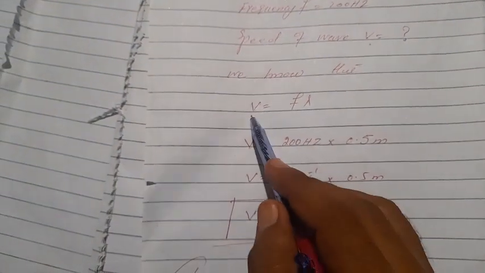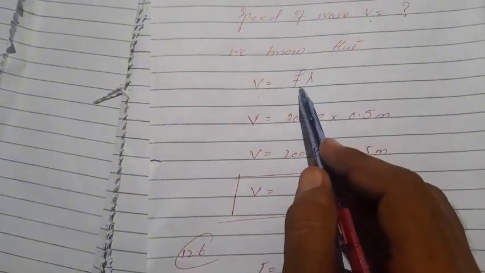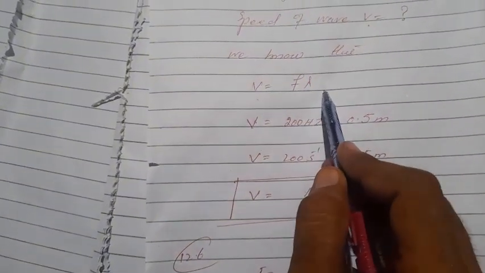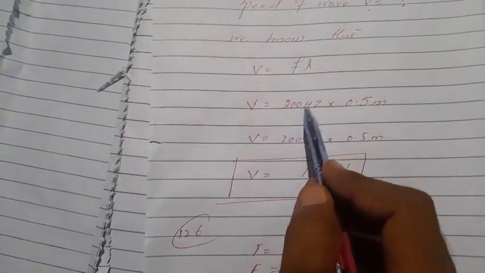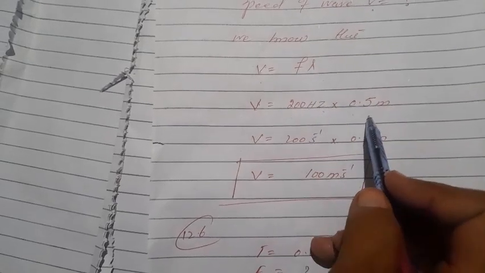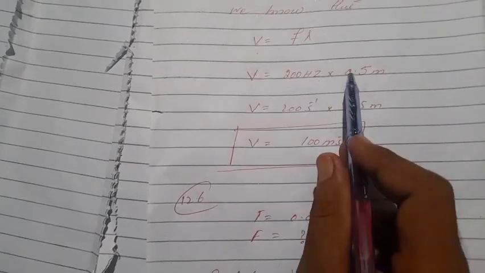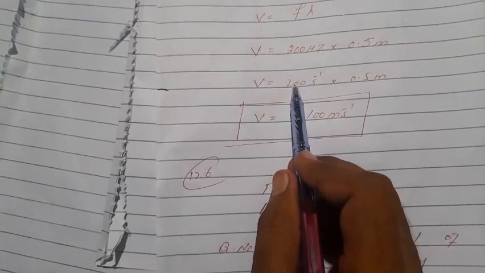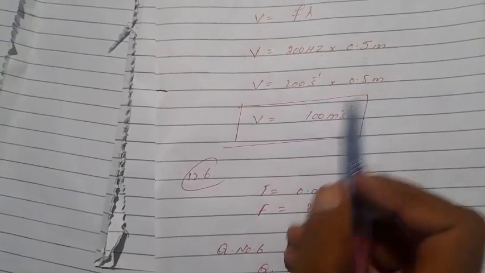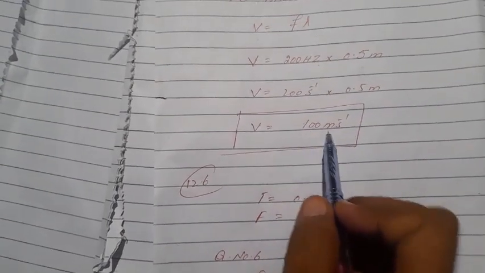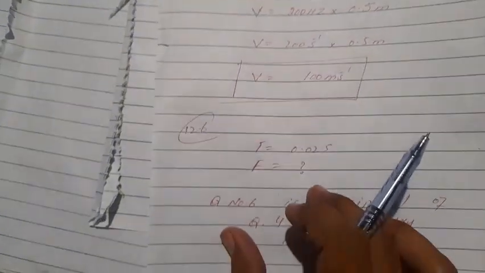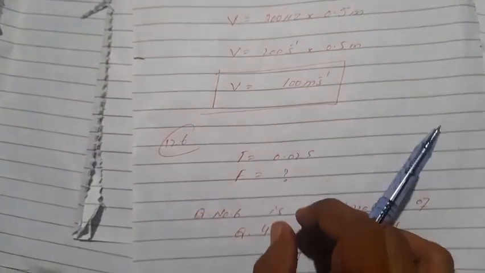According to the wave equation, v is equal to f lambda. Simply putting the values, the frequency is 200 hertz and the wavelength is 0.5 meter; we change hertz into second inverse and the wavelength stays as it is. Multiplying 200 by 0.5, we get 100 meters per second. That is the speed of the wave.